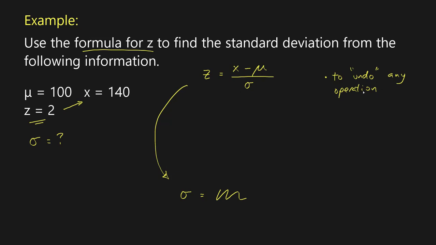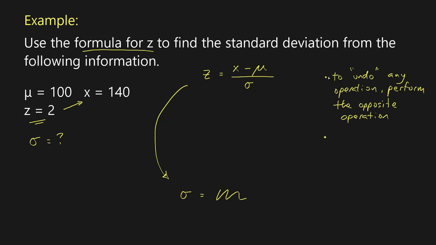So to undo any operation, we have to perform the opposite operation. So if you see something being divided, just multiply by that same element. If you see something being subtracted, just add that same element.